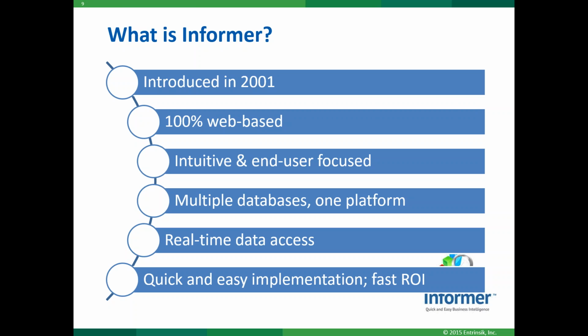And due to its simple, straightforward architecture, the implementation is relatively quick and easy. So it gives you a real fast return on your investment. Some solutions can take months or sometimes even years to get implemented. Informer can be implemented in a matter of days or weeks, so it's really quick to implement.